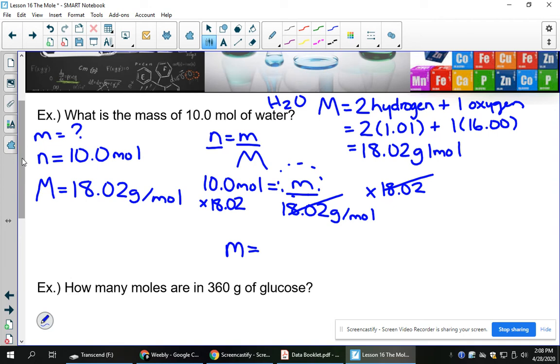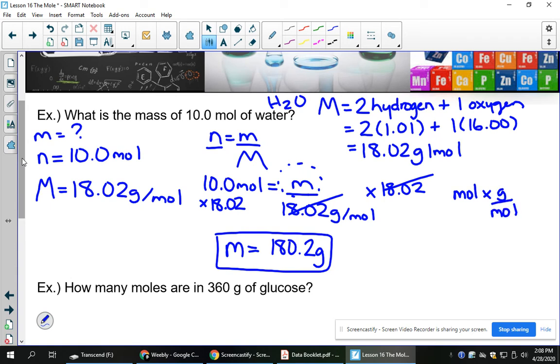On this side, 10 times 18.02 is going to be 180.2, and mass is always measured in grams. Those students planning on taking Chemistry 20, I want you to analyze what happens when you take 10 moles and multiply by 18.02 grams per mole. Can you see why we end up with grams?